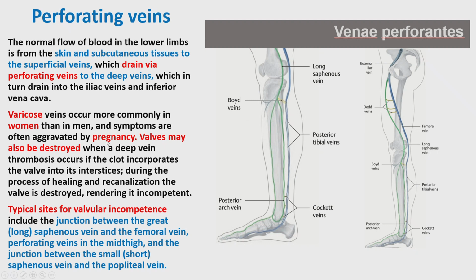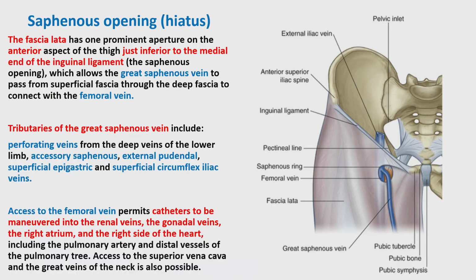Usually it happens in pregnant women, and it destroys the valvular system. Sometimes it is necessary to do excision and stripping of the vena saphena magna or vena saphena parva. You can see that the skin is pigmented. So this is the venae perforantes.